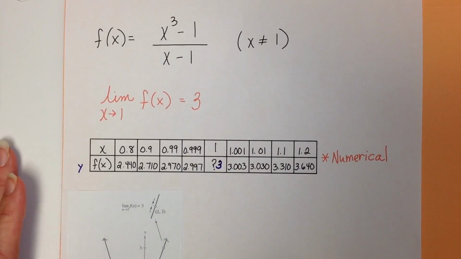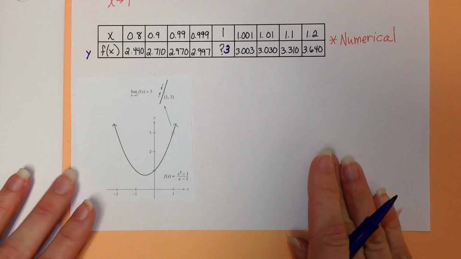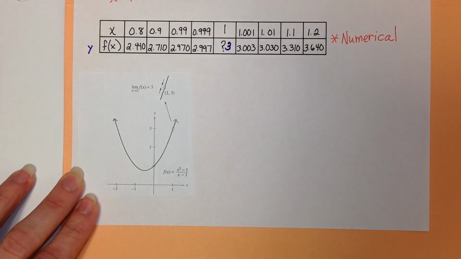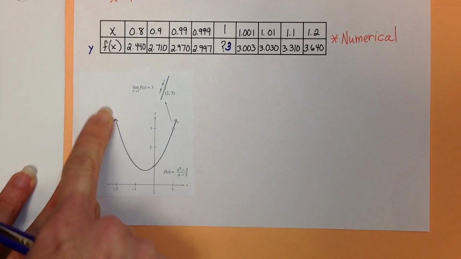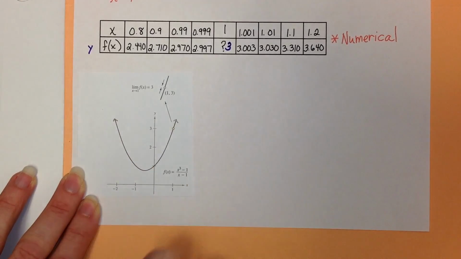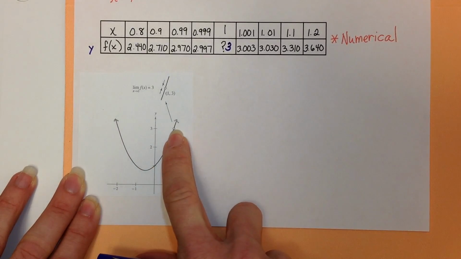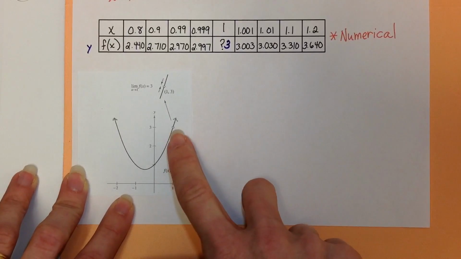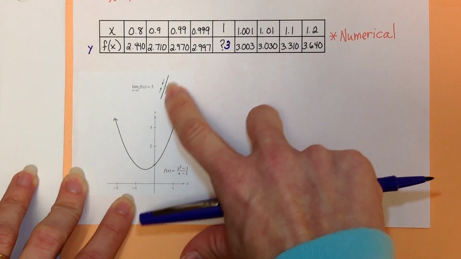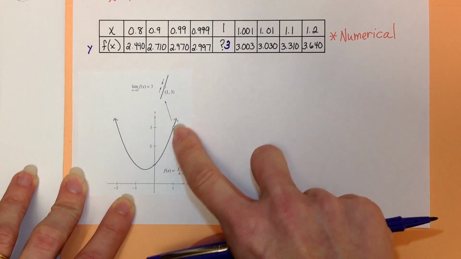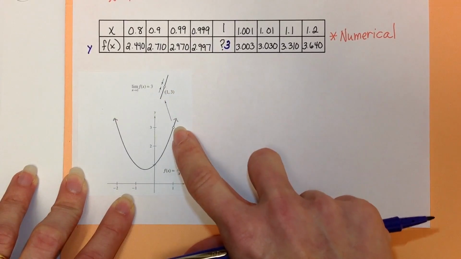Now, if you look at this graphically, this is the graph of the function we've been looking at. It's the shape of a parabola, but you have a hole right here. This little part is just an enlarged section of this right here.